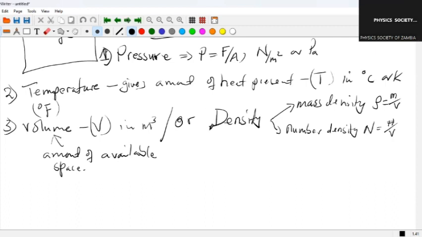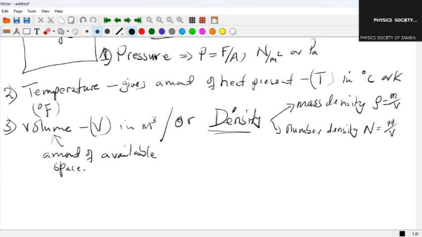So density can be expressed in terms of the amount of substance in terms of mass over the volume, or it can be expressed in terms of the number of particles present over the volume. For example, we can even convert between the two different densities, because each particle has mass. So if we combine the masses of these particles and add them up, we can then express the number density into mass density. So this is the density.